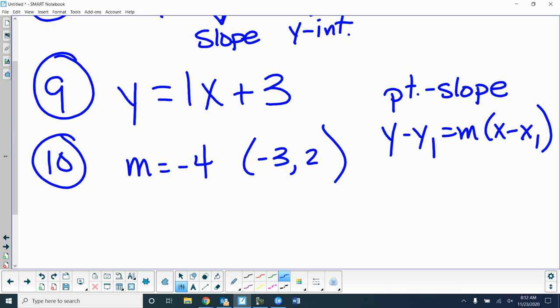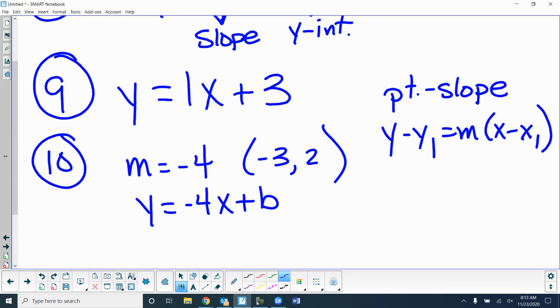X1 and Y1 are the point. The X and the Y are just X and Y. The M is still the slope. So if you want to substitute in 2 for Y1 and negative 3 for X1 and put the negative 4 in for M and then get Y by itself, you can. Some of you always remember y equals mx plus b. So you could start like this if you want.